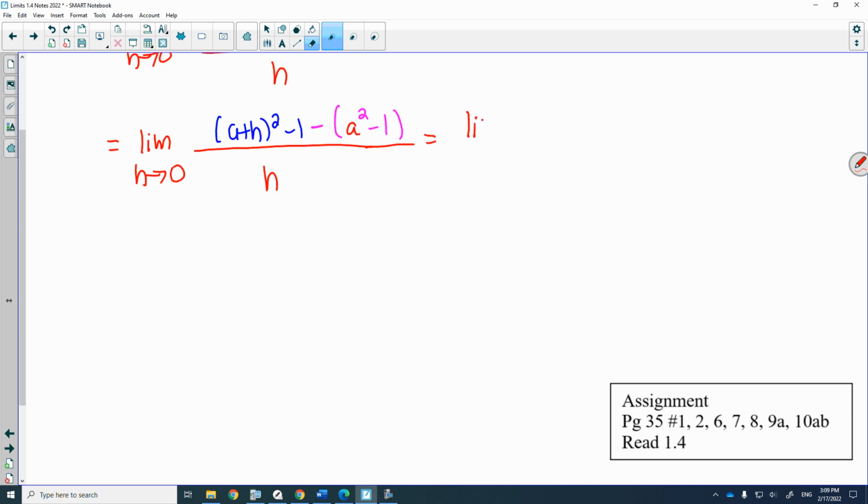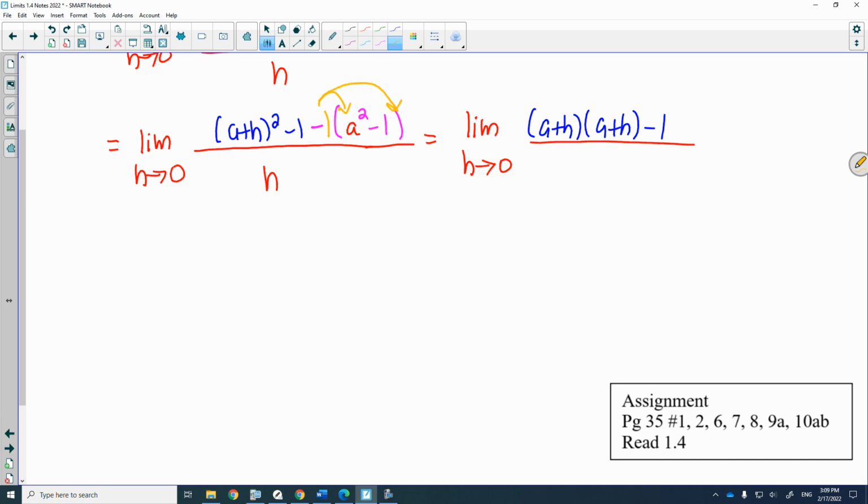This is going to be the limit as h approaches 0 of, I'm going to write that binomial twice. So a plus h minus 1. And then I'm going to distribute this in. Minus a squared plus 1. That's all over h.